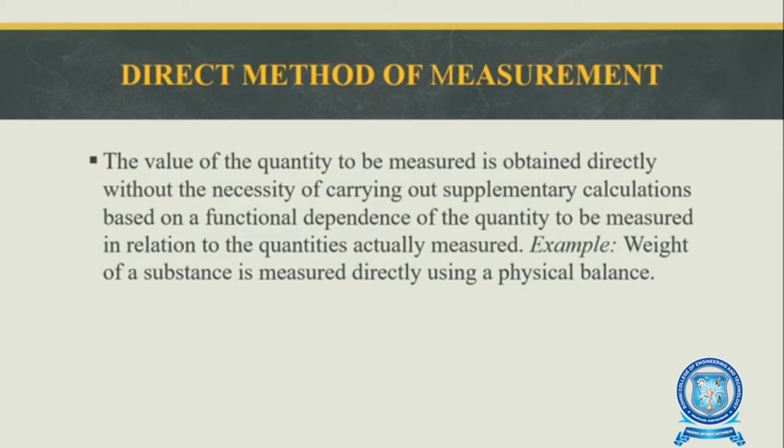Direct method is nothing but the object which is directly compared to a standard parameter or standard object with the help of calibrated systems without any calculations, which means we can get the output from the calibrated systems without any calculation.